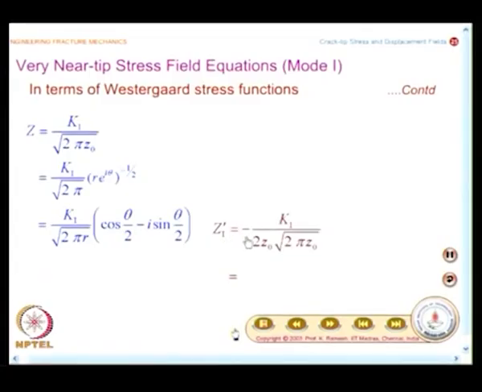Z1 prime is given as minus of k1 divided by 2 z naught root of 2 pi z naught, and if you recognize, this is nothing but z naught power 3 by 2. So, I could write this as k1 by 2 into root of 2 pi r power 3 by 2 cos 3 theta by 2 minus i sin 3 theta by 2.